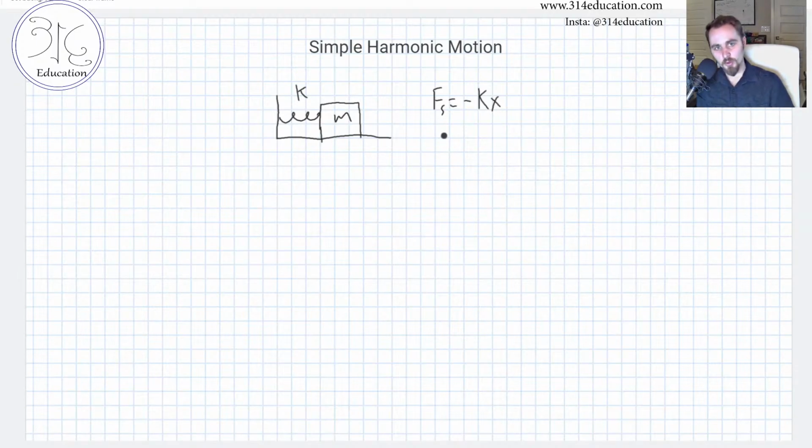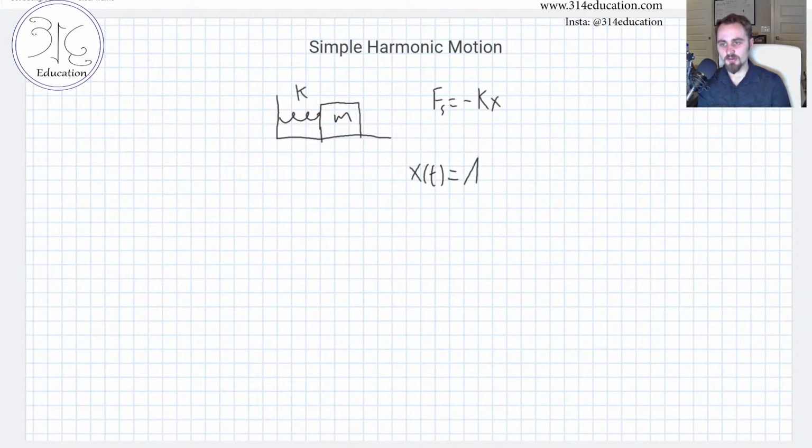And so this type of motion we call periodic. And so that means there's a period that it has to oscillate between these states before it returns to that initial position. And so we describe this type of motion with a sine function.